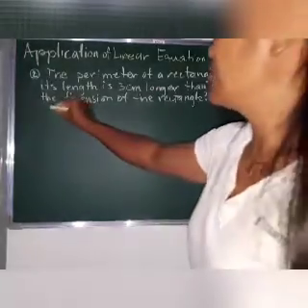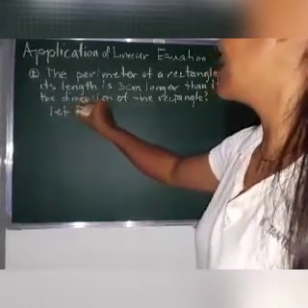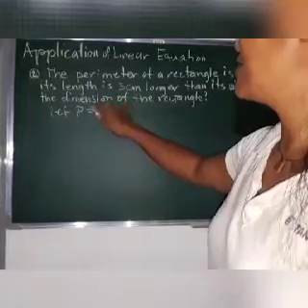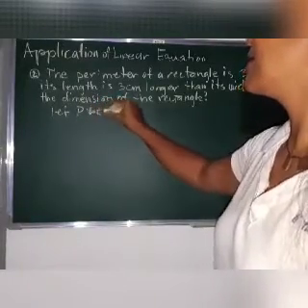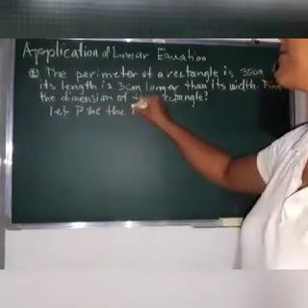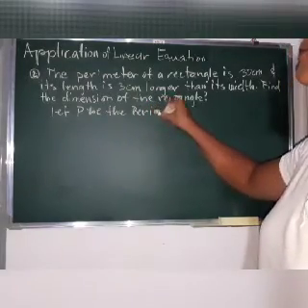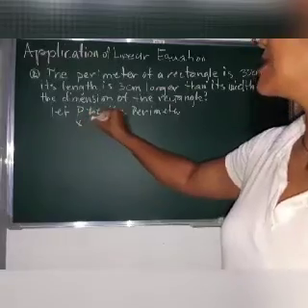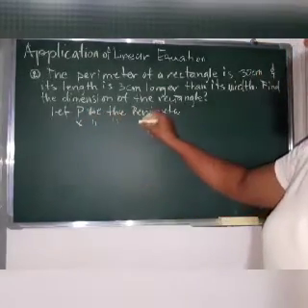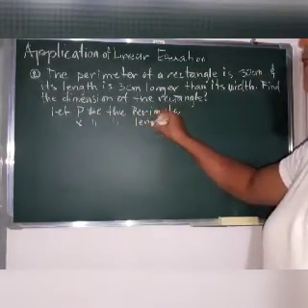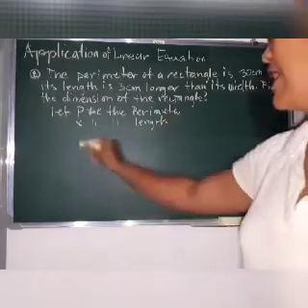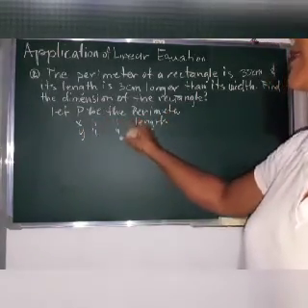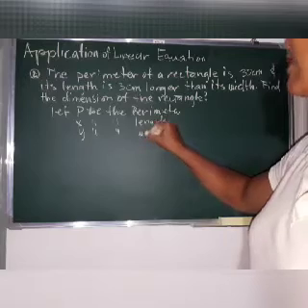Let P be the perimeter of the rectangle, and let X be the length of the rectangle, and Y be the width of the rectangle.